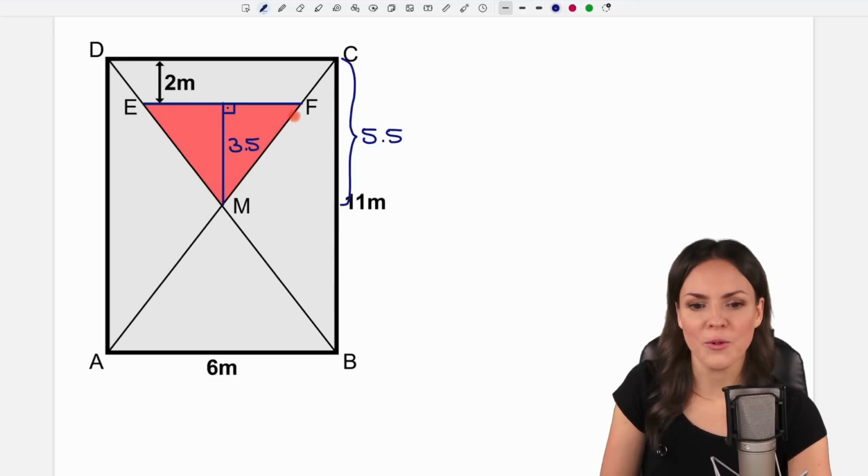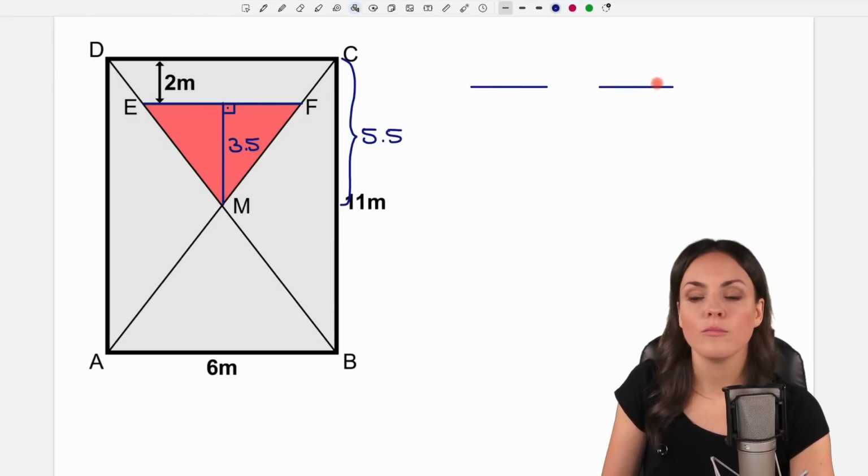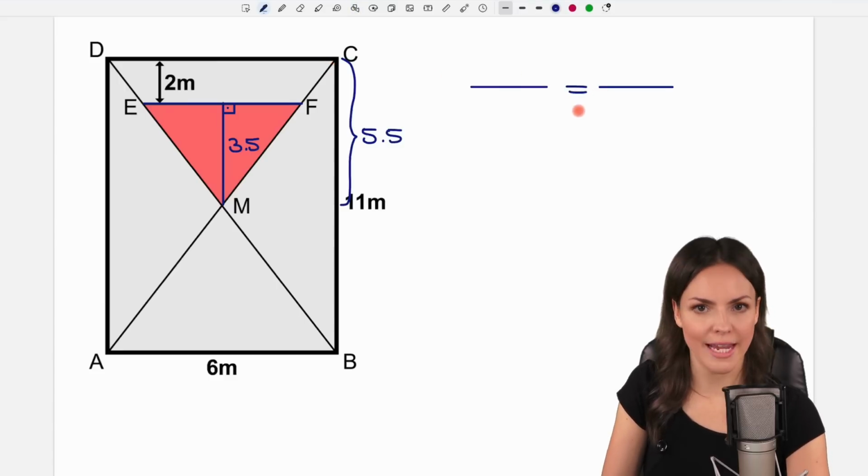So now we know that our two triangles here are similar, which is great because then we know that if we create the ratio of two sides of our small triangle and we create the ratio of two corresponding sides in our large triangle, then these ratios have to be the same.